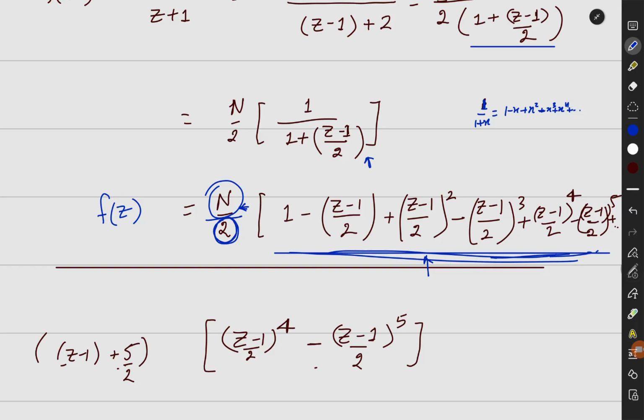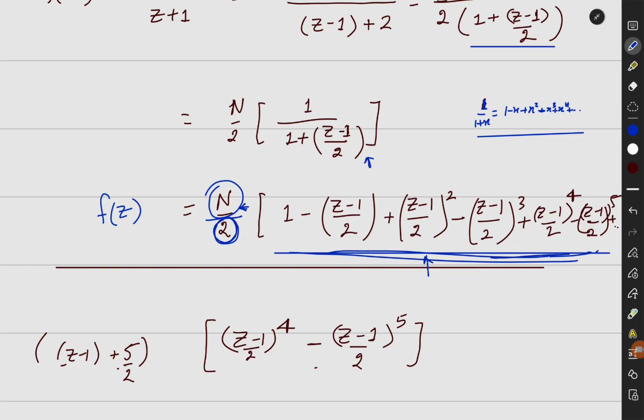This way we can expand 1 upon 1 plus x, and it is convergent in the unit disk, not in a bigger set. But here x is not the variable, it is actually (z minus 1) divided by 2, so we have to take care of that while calculating the radius of convergence. That is the second part.